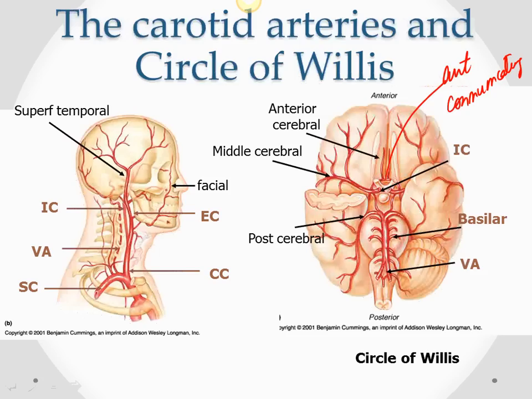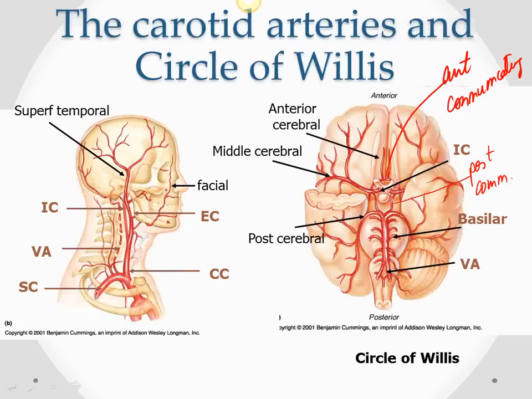So the two anterior cerebrals are now joined with one another, and at this point where the middle cerebral is given off from the internal carotid, it joins the posterior cerebral. So there's one artery here and another one, and this one is called the posterior communicating.